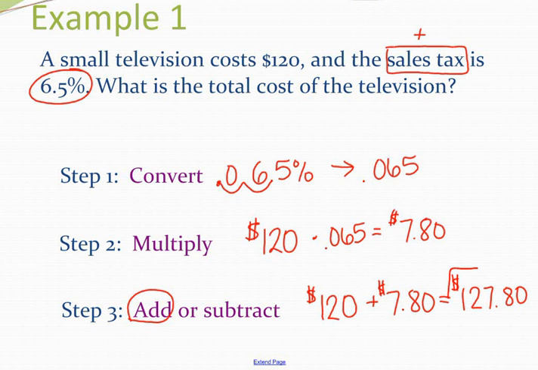That's what we have to pay the cashier to walk out of the store with our new TV. Okay? First we converted, then we multiplied, and then we determined whether we need to add or subtract, and we followed through. If the problem asked you then to add a tip to this or something, you would then use this $127.80 to calculate your tip. Okay?